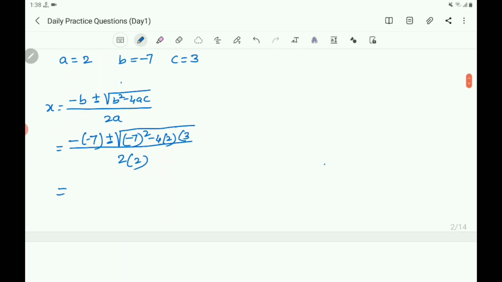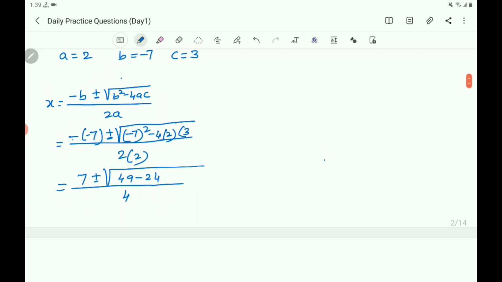That equals, here minus of minus 7 becomes plus 7. So you write this is 7. And you write plus or minus whole root. Minus 7 whole square is 49. 4 2s are 8, 8 3s are 24. It is minus 24. Then 2 2s are 4.